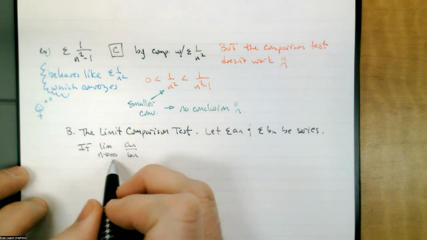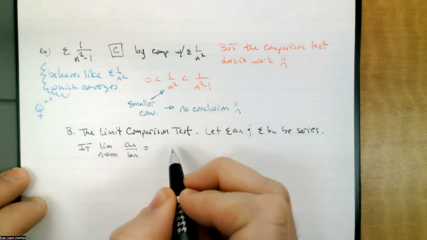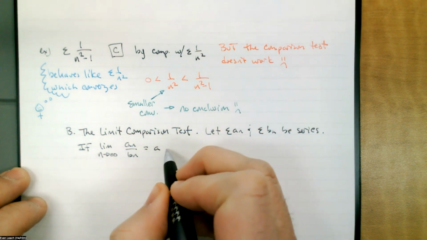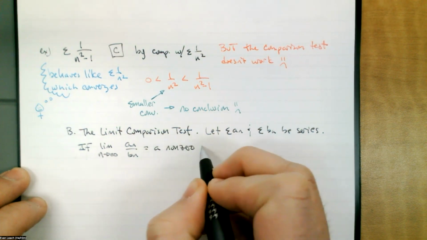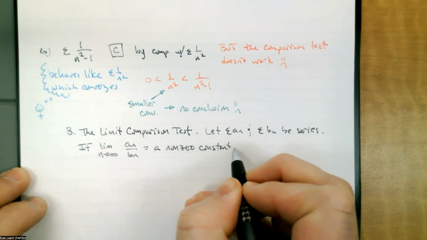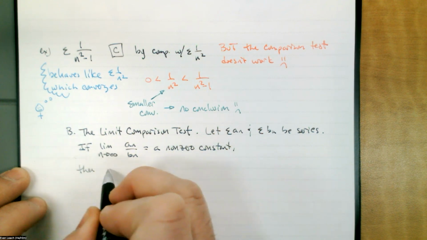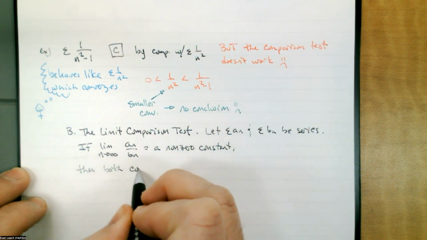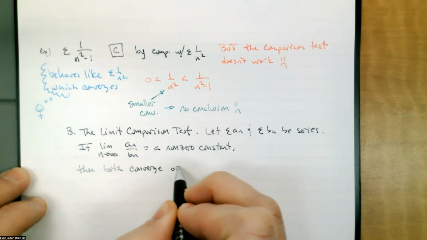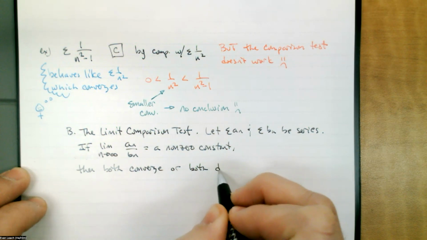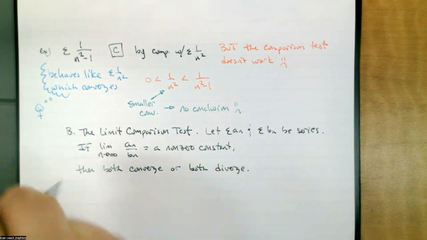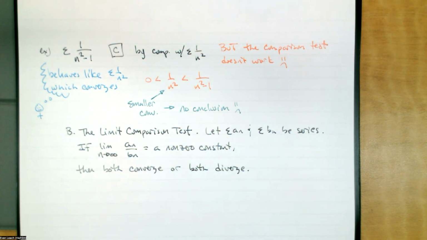If the limit as n goes to infinity of a_n over b_n is equal to a non-zero constant, then we conclude both converge or both diverge.